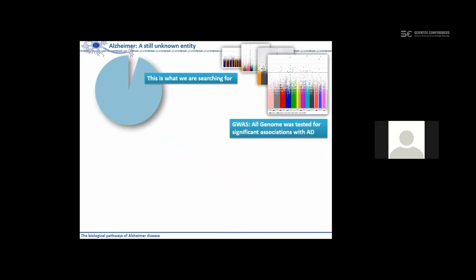But where can we start from? We can start from what we know. And we know that many studies, in particular many GWAS, have found various associations between genes and an increased risk of developing Alzheimer's. But we know also that these results are controversial. And overall, the additional risk given by the presence of such variants is low.